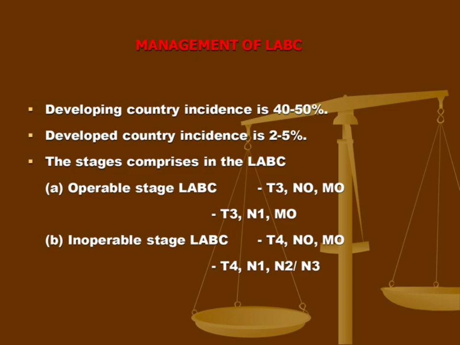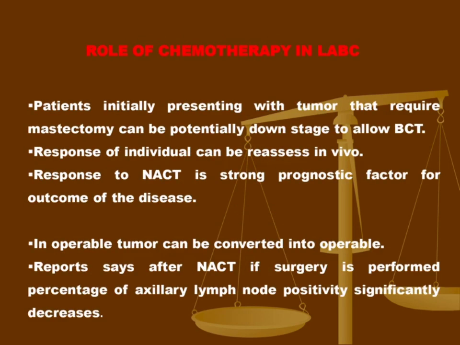So that was early breast cancer, and now we are switching over to locally advanced breast cancer. The data in developing countries is as high as 40 to 50%, compared to developed countries, where the incidence rate is only 2 to 5%.